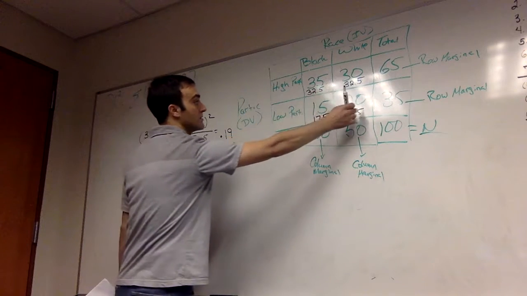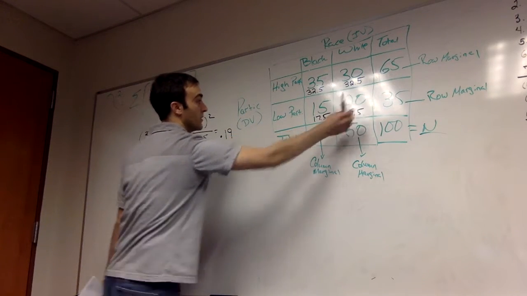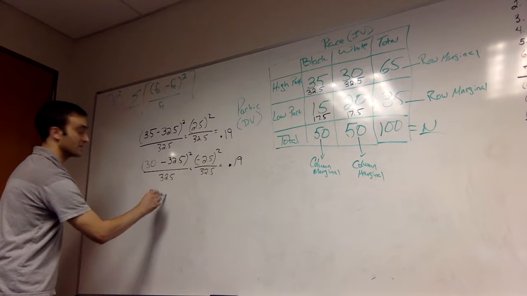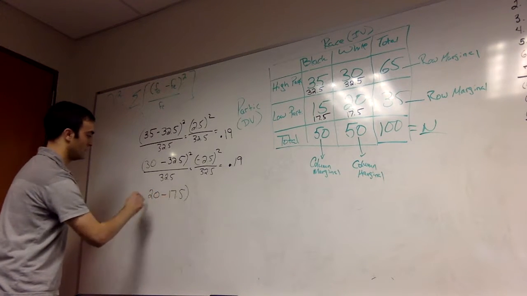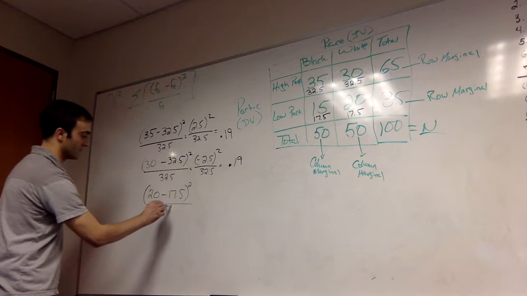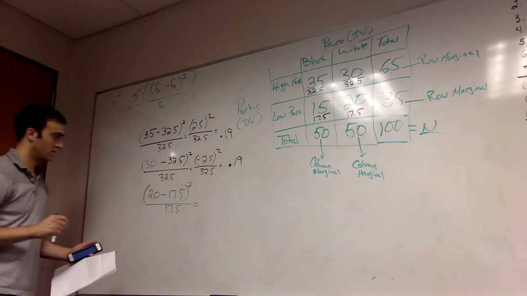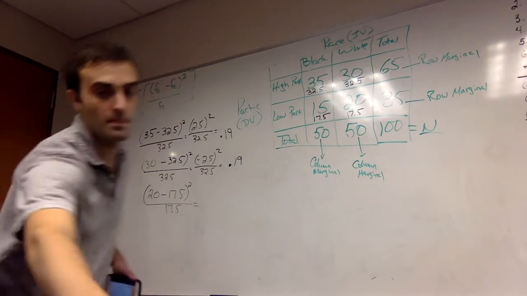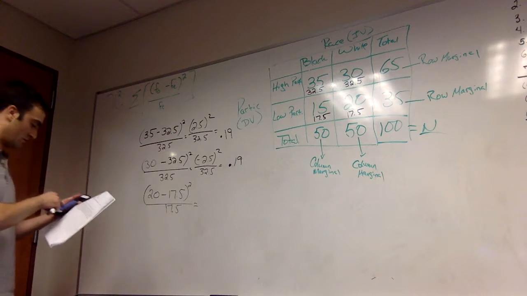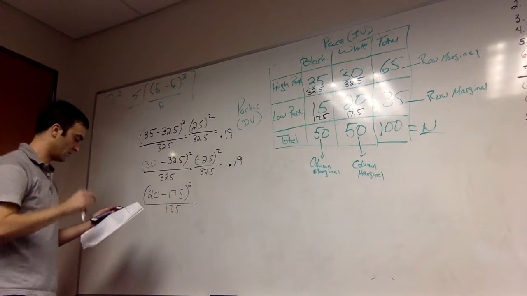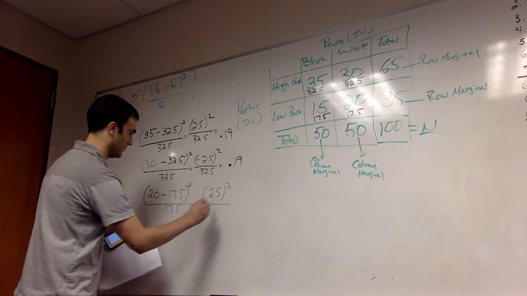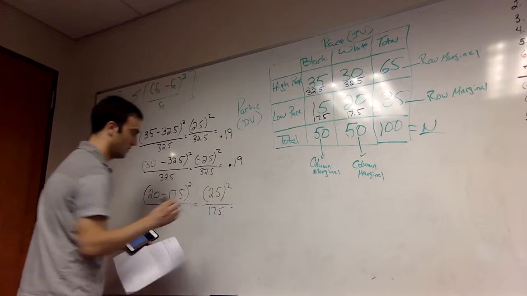Continue going clockwise. Now to this cell of low participating whites, we observe 20. We expected 17.5. Square that difference and divide by the expected of 17.5. You get another 2.5 squared over 17.5.